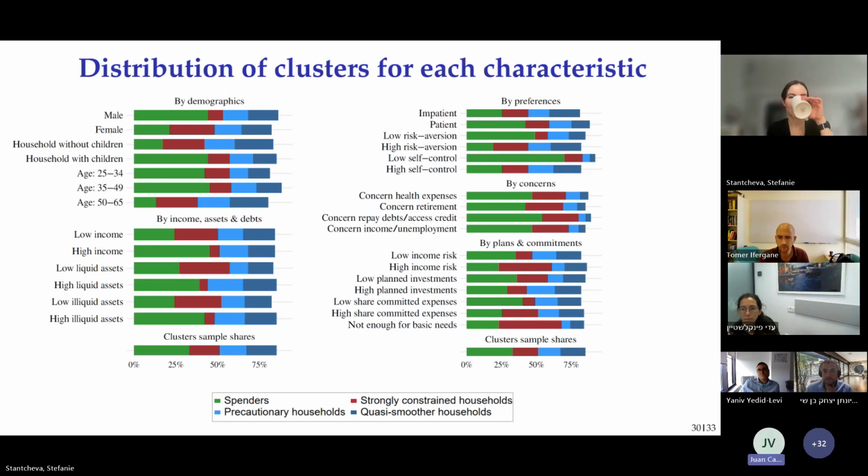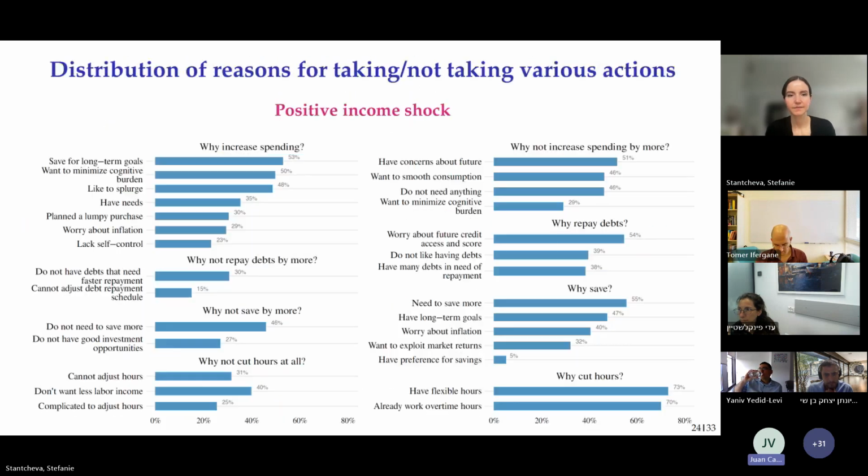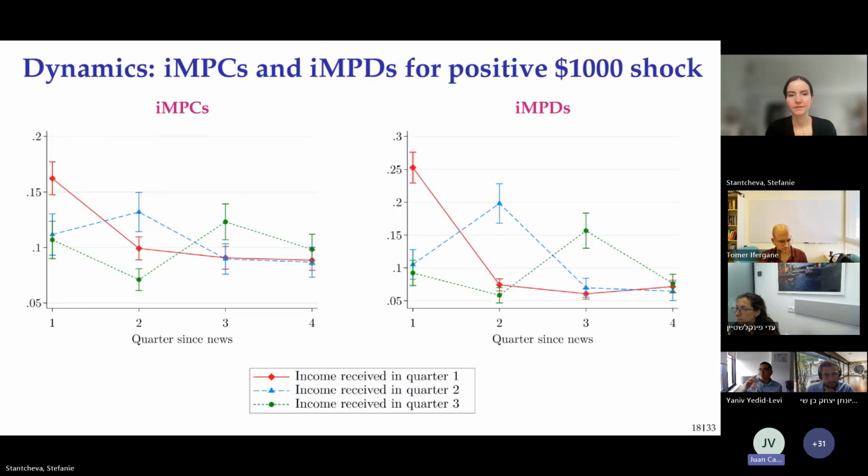So your MPCs out of anticipated and unanticipated income shocks tend to be higher at the beginning, and they fade out through time. Right? So, do you agree that this type of pattern is inconsistent with permanent income type models, where you increase your income permanently in a proportion for the whole future?